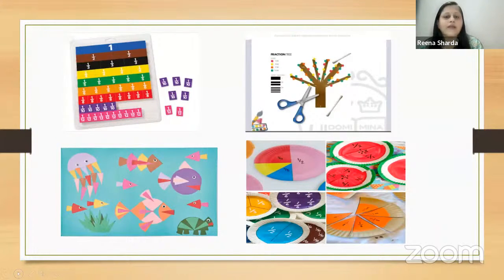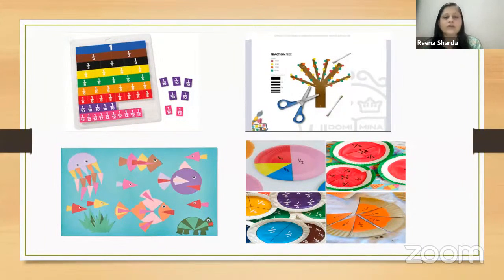Now, fraction is the one concept that can be taught in many ways. We can ask them to take a strip of paper, take it as 1 and then fold it into half. Then fold it into more, that is 1 by 4. Like that we can teach them fractions. Otherwise, we can take a paper plate, ask them to draw a line in the center, or cut it also.